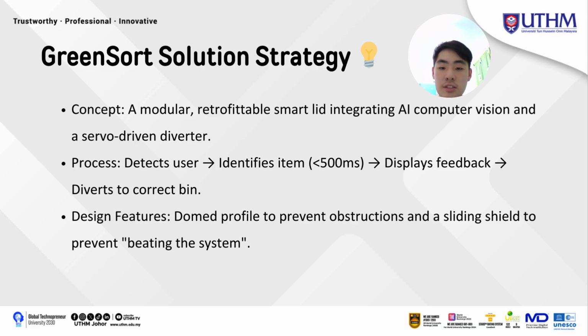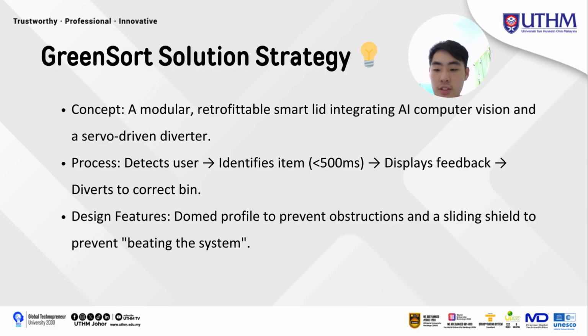Then the cover of the bin will open and let the user throw the waste inside, and then the item thrown in the bin will be diverted to the correct bin.